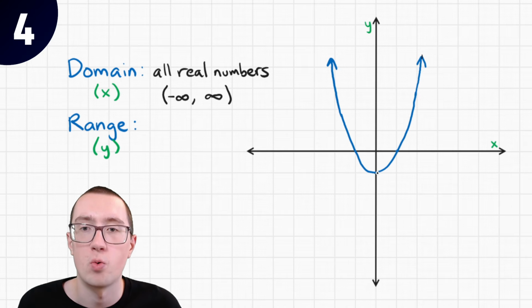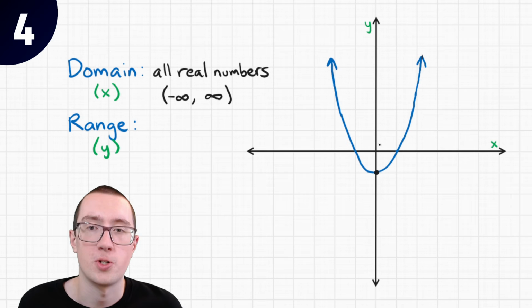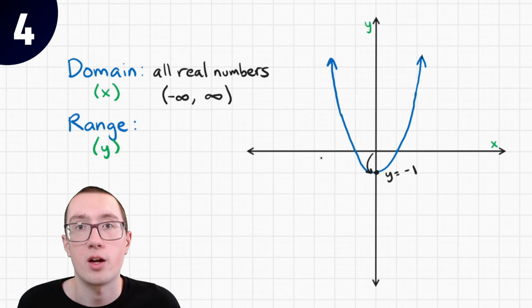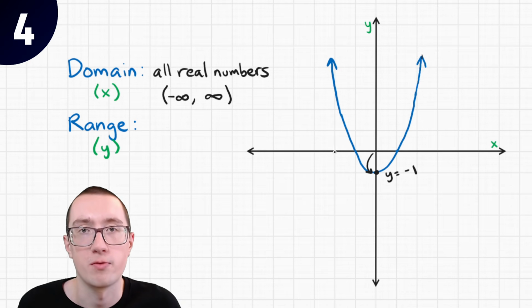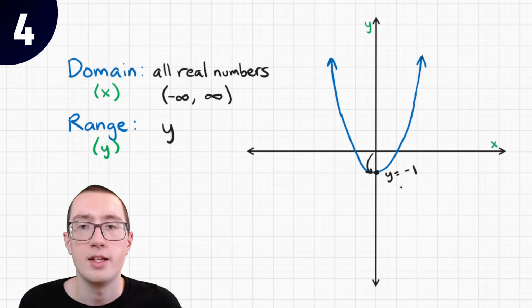And the smallest number for y is going to be right here. So how far down is this? Well, starting from 0, we need to go down 1 square. So right here, y is equal to -1. And anywhere lower than -1 is not going to be a possible point on our graph. So we're going to write our range like this. We're going to write y, and then it has to be either -1 or it needs to be bigger than -1.